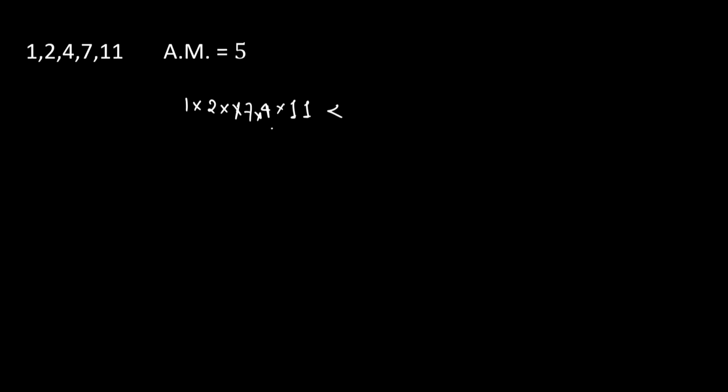Why? Because 5 is the arithmetic mean, and since all the numbers are unequal, there must be a number less than 5 and a number more than 5, otherwise the mean will not become 5. So we can write it is less than 1 times 2 times 7 times (4 plus 11 minus 5) times 5, because 4 is less than 5 and 11 is greater than 5.